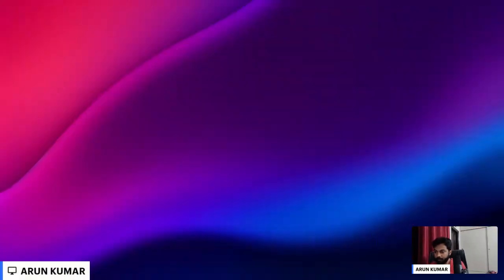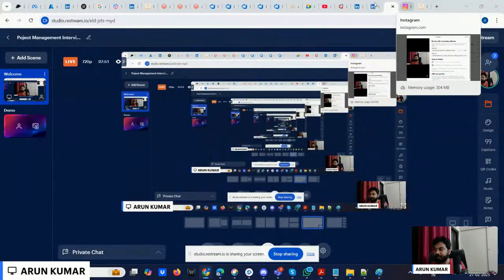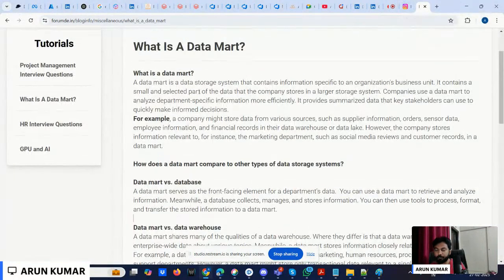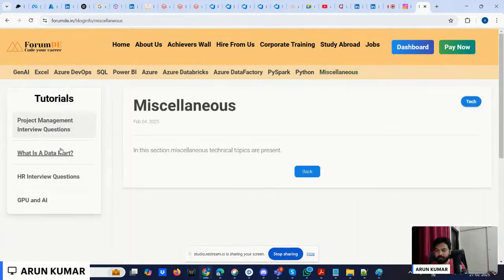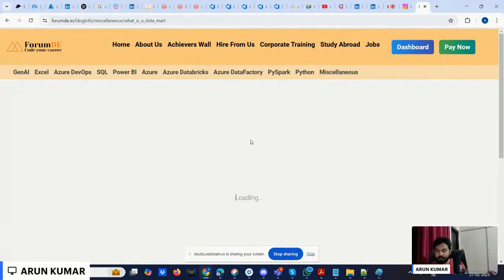If I share my screen, I have very beautifully mentioned the difference between database and data mart, data warehouse and data mart, data lake and data mart. If you go to my website, in the miscellaneous section, there is one section called what is data mart.